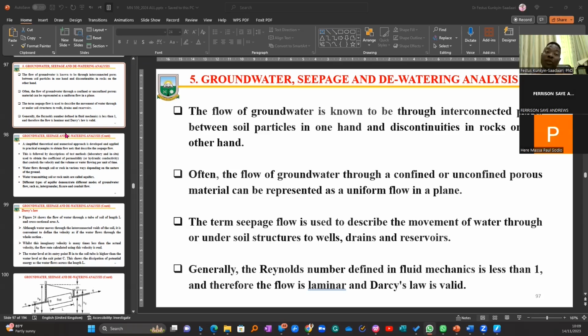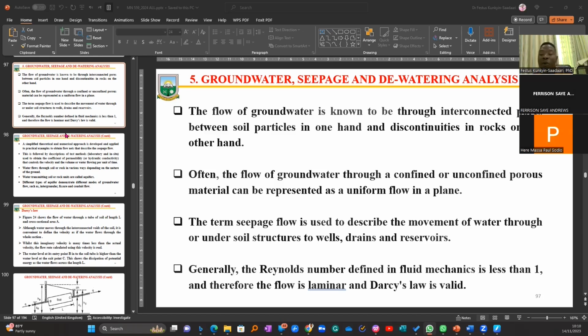And sometimes I need to understand the behavior of the formation that allows the flow of water through it, so that in my pit I can put in certain measures to help me know how many pumps or pipes I need at a given time to handle the rate of flow of water into my pit or my underground operations. So there is that need for us to understand the travel of water through our material.